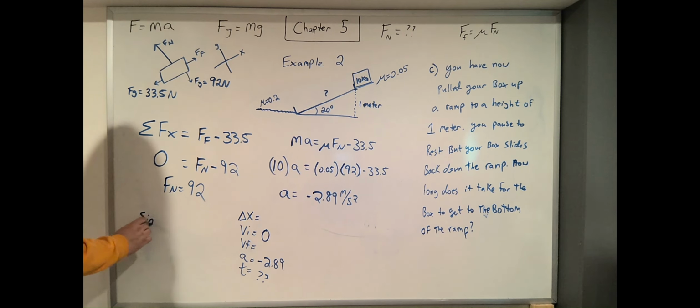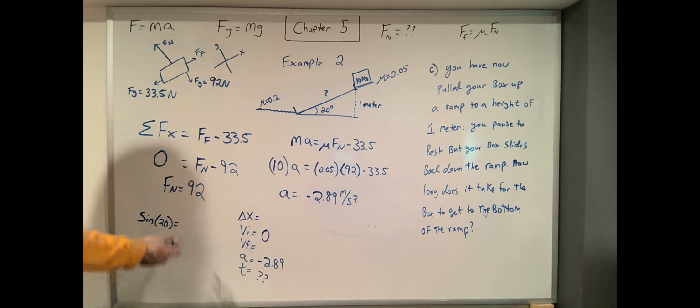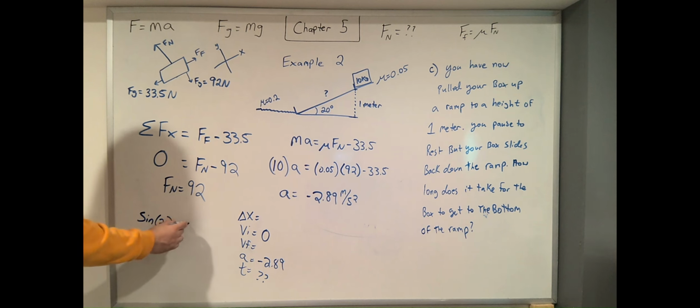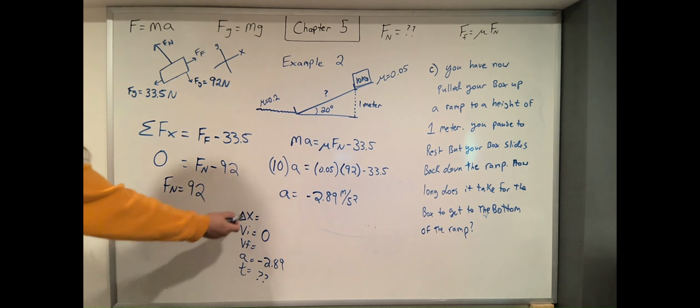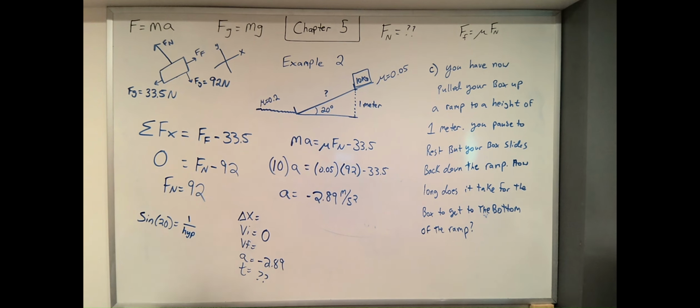So with SOHCAHTOA, sine of 20 would be the opposite, 1 meter, over the hypotenuse, which is what I'm trying to find. That hypotenuse is going to be the delta x. It's going to be how far the box traveled down the ramp. Which means the hypotenuse is just 1 over the sine of 20.